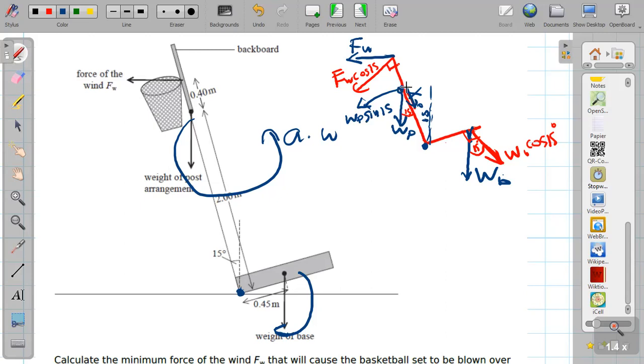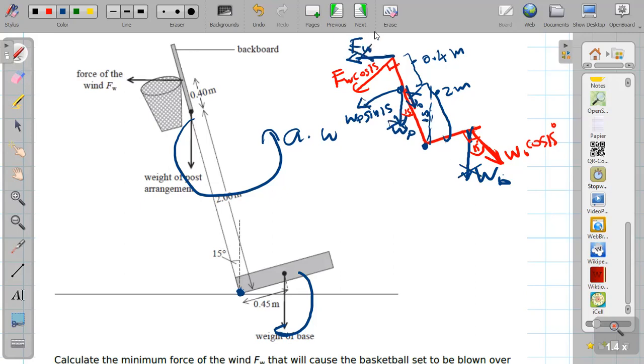Got it? Okay. What is the distance from here to here? It's like 2 meter. And there is a 0.4 from this point, 0.4 meter. Now I mark all the stuff according to vector analysis. Now I can remove these forces.